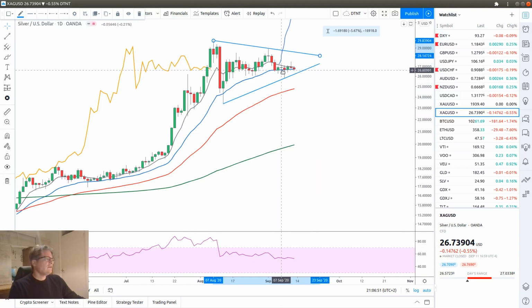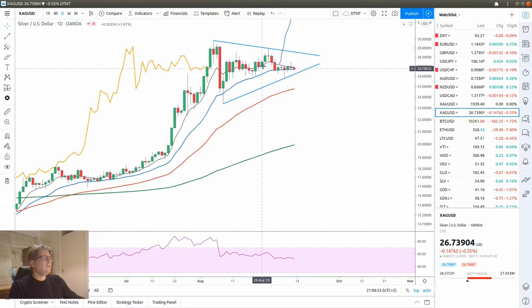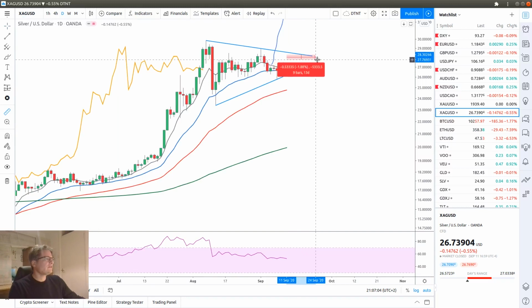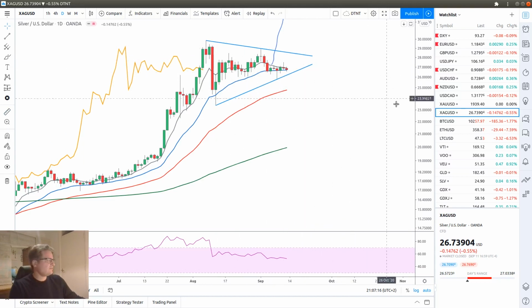Yeah, so these are daily candles, so we can still have, let me get the ruler, something like this. So this is 8 bars, so 8 trading days more or less before we would have to break this converging pattern.